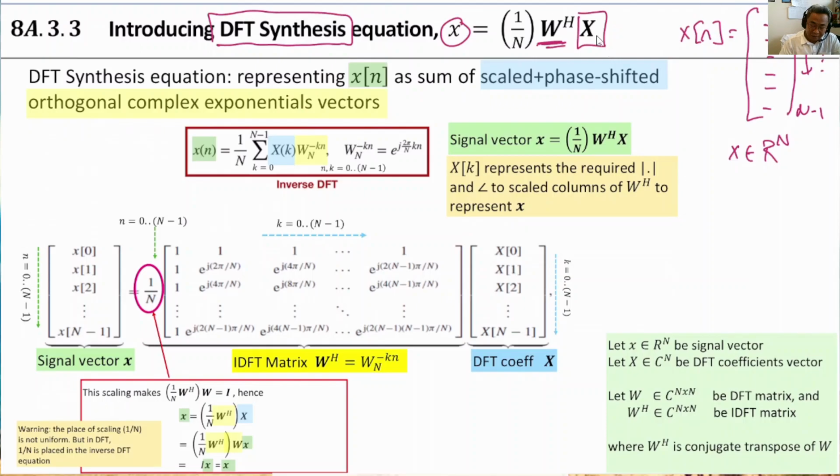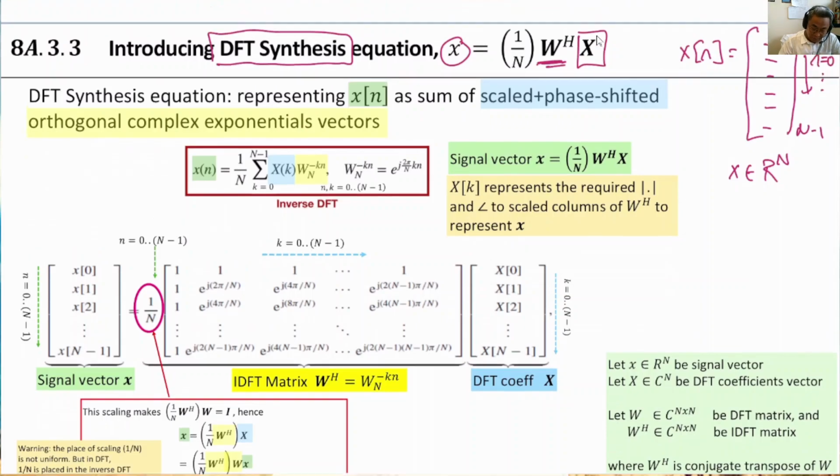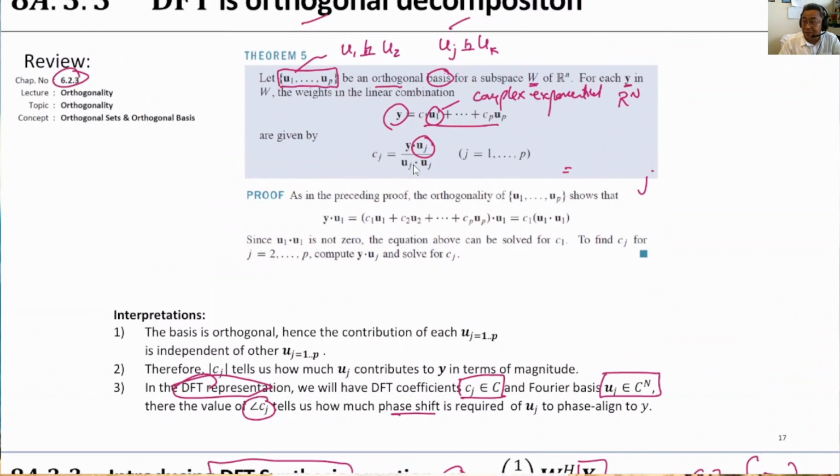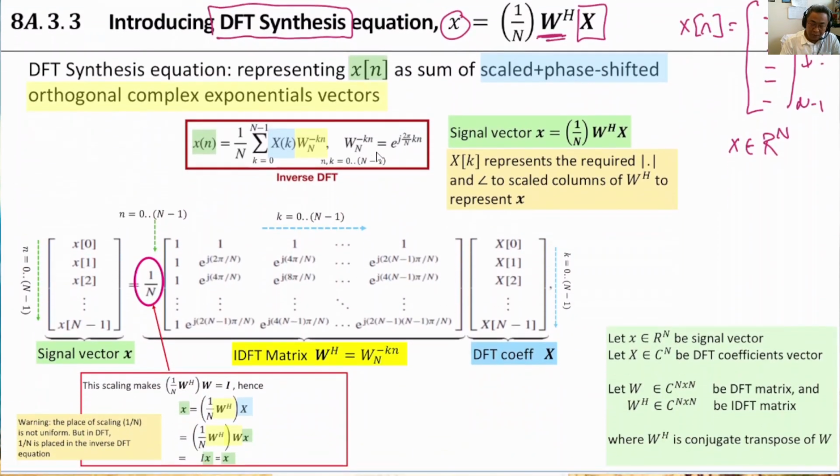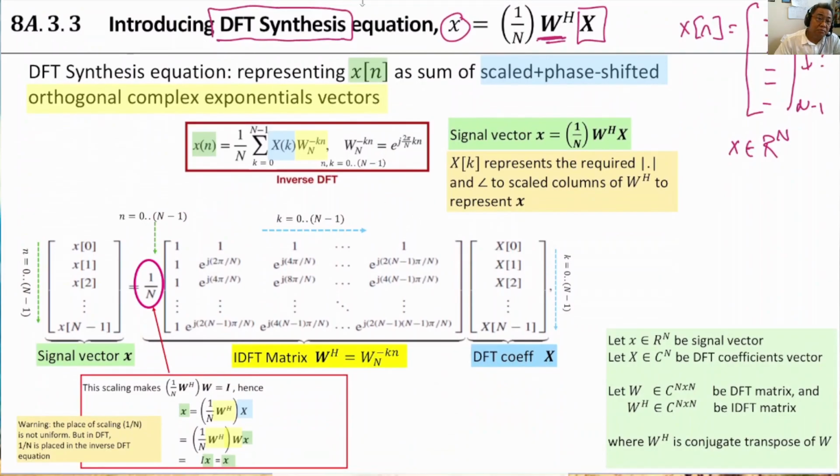So this big X here is representing these c_j's here. Now, in the DFT literature, the small x represents time, and the same x, but now in capital, represents the frequency coefficients. Okay, so let's see what the DFT synthesis equation does for us.